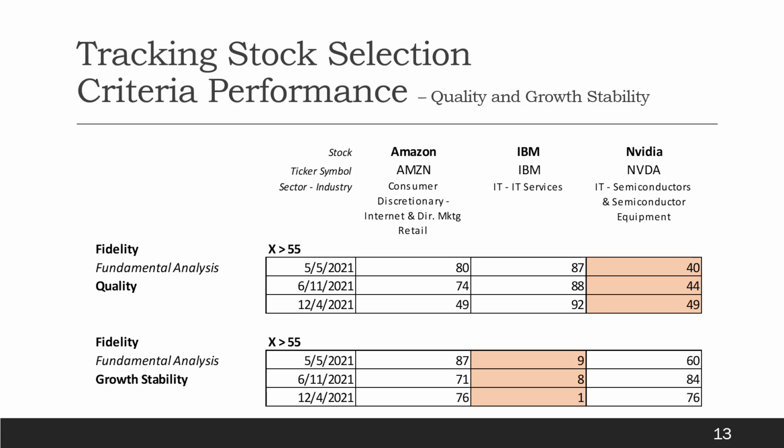Growth stability has three underlying factors: earnings per share stability, operating cash flow stability, where operating cash flow, OCF, measures cash generated by a company's normal business operations, and cash to adjusted enterprise value, where enterprise value, EV, tells you the theoretical takeover price if a company were to be bought.